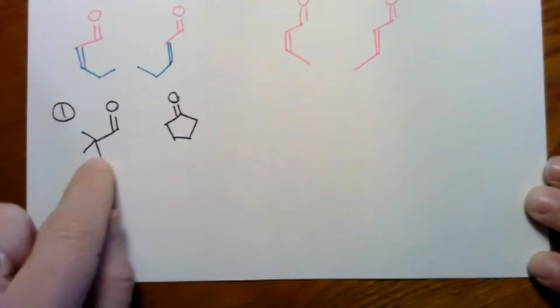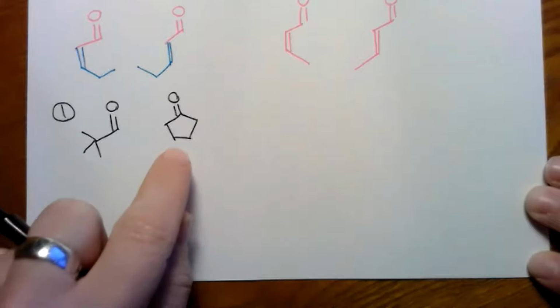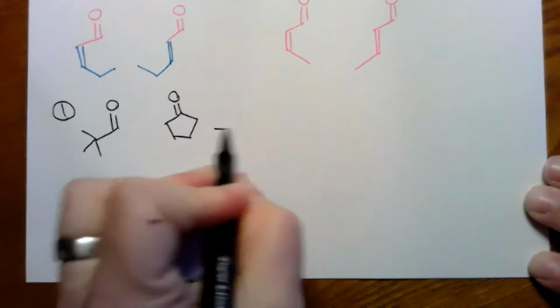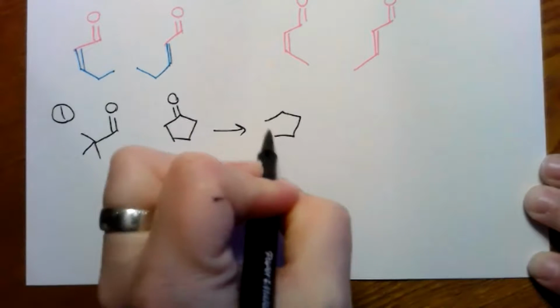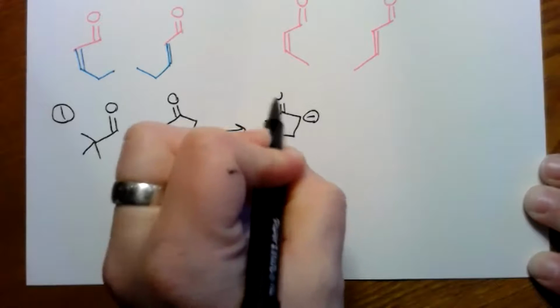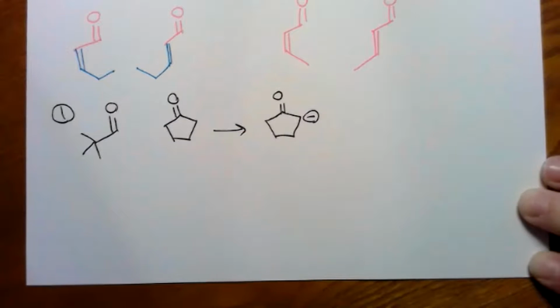So who's capable of making an enolate? Only the ketone. So we're going to get the ketone turning into an enolate, like so, if we did this in hydroxide, we'll say.